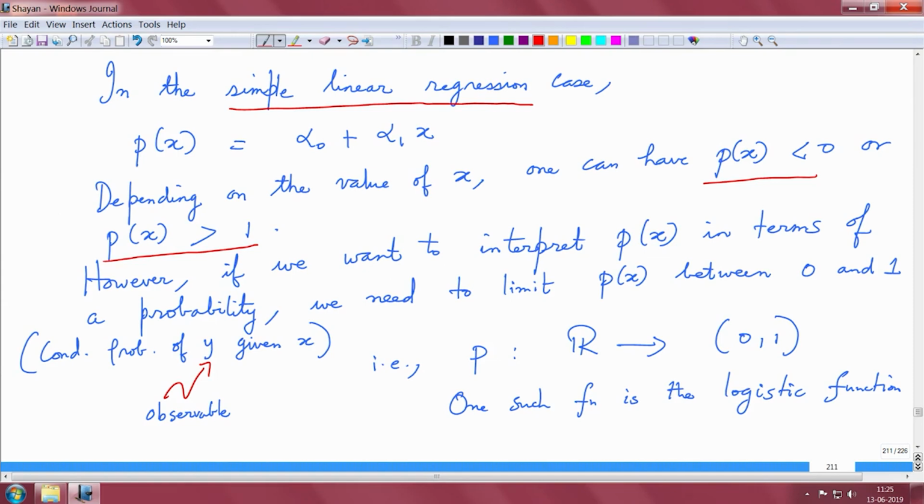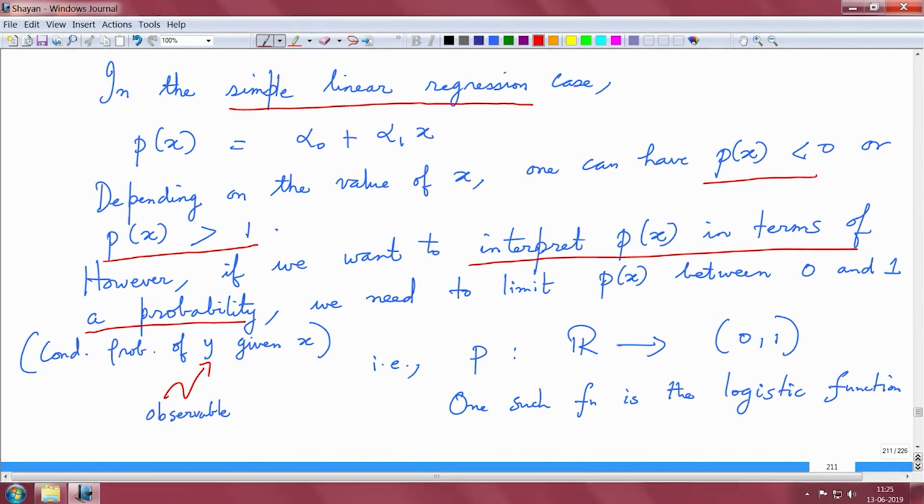This is not so much of an issue unless we would like to interpret p of x in terms of a probability, conditioned on the data x or the predictor here.